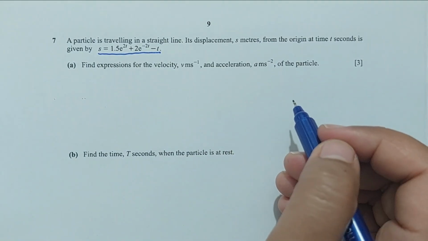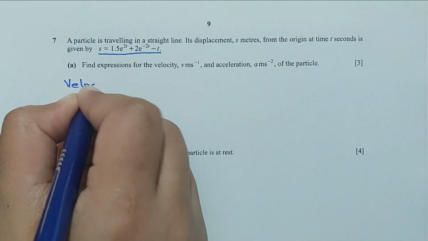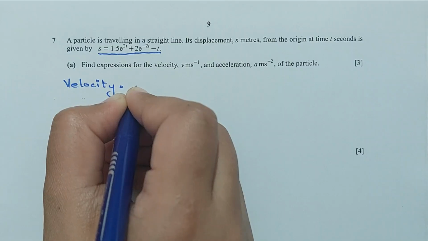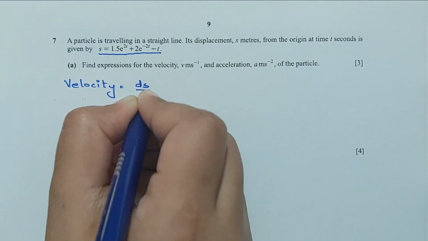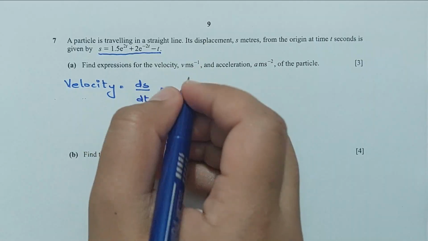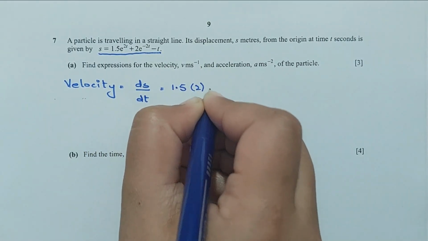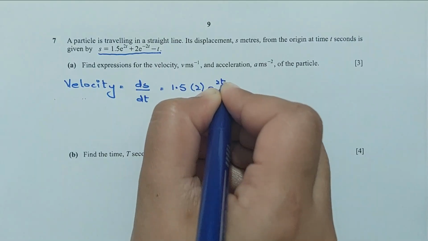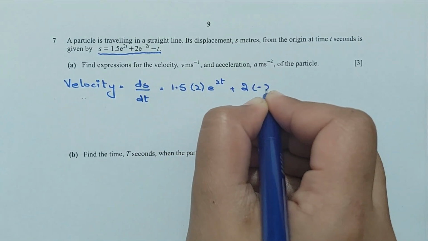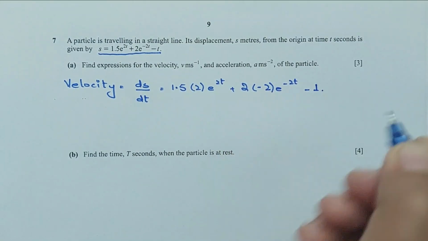So first we have to find out the velocity. Velocity is the derivative of displacement with respect to time, right? We have to differentiate this. So we have 1.5, and this is 2 e to the power 2t plus 2 into negative 2 e to the power minus 2t, and minus 1.